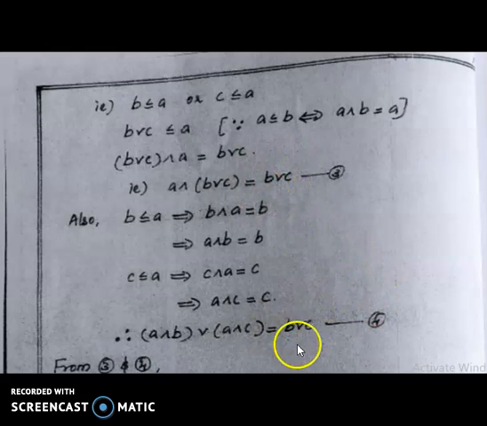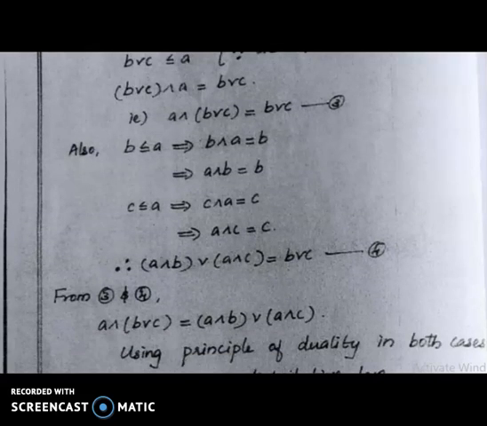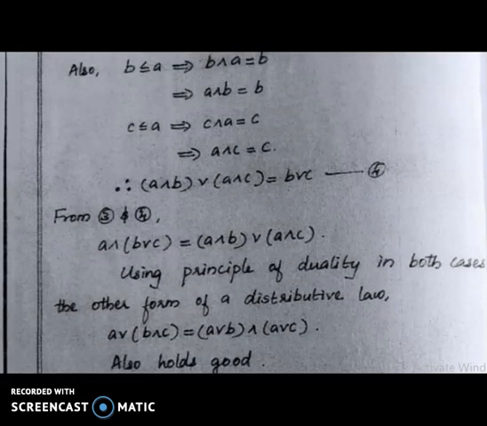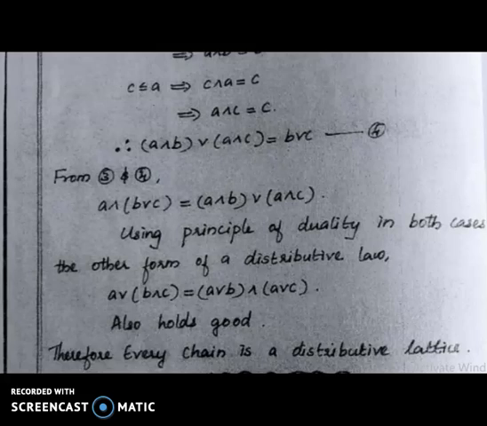B or C, B or C. If RHS is equal, then LHS will be equal. That is A and B or C is A and B or A and C. So we get from 3 and 4, A and B or C is equal to A and B or A and C.